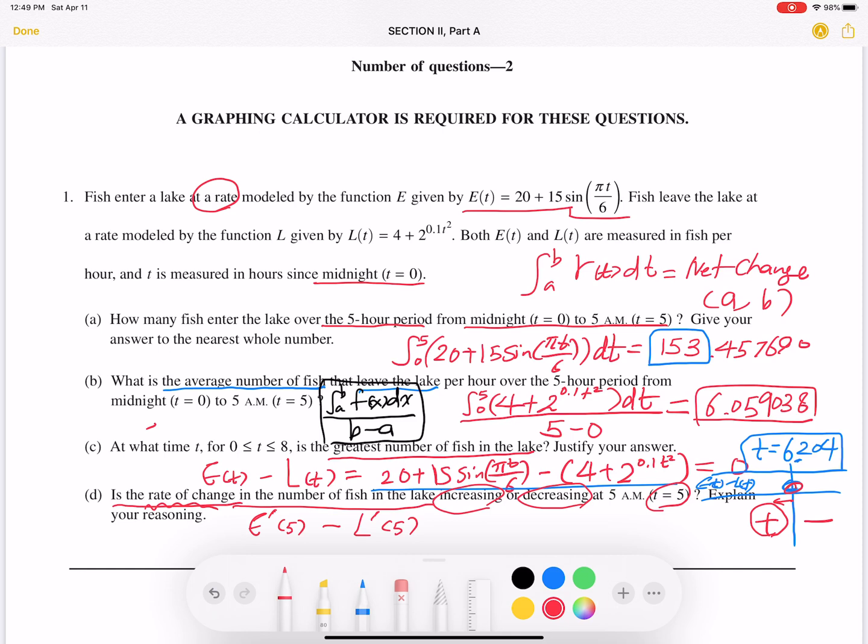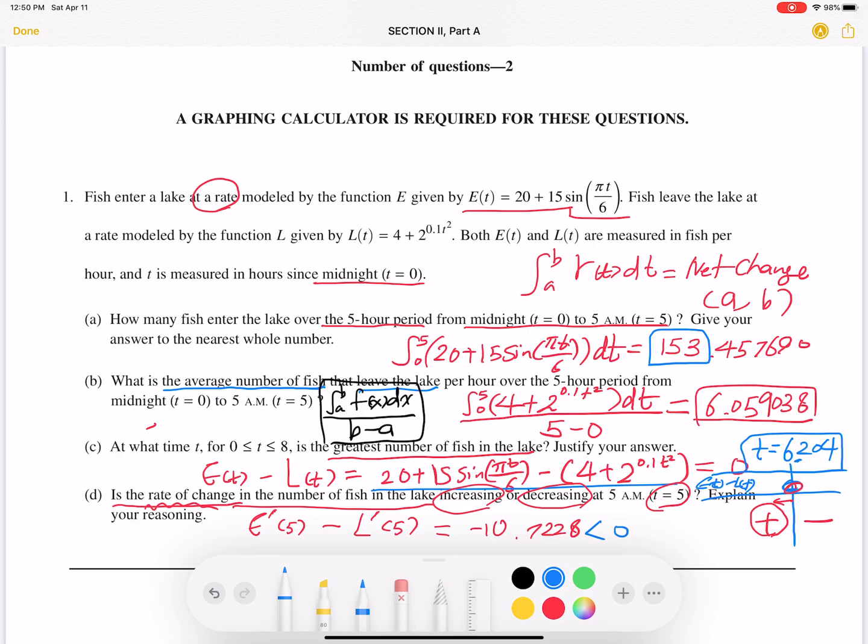The rate of change is increasing. But if E prime of 5 minus L prime of 5 is less than 0, that means decreasing. In this case, if you use a calculator, there's a negative 10.7228.